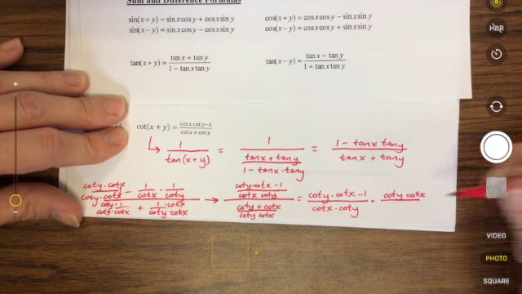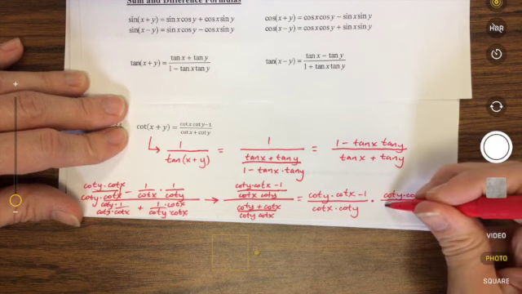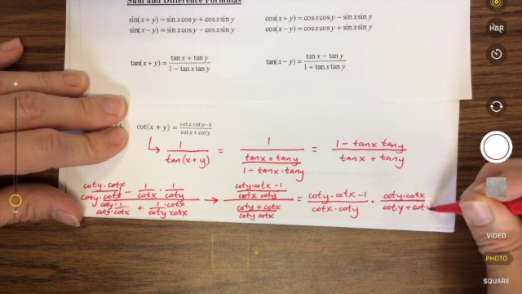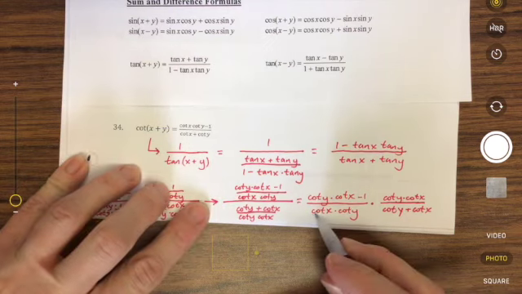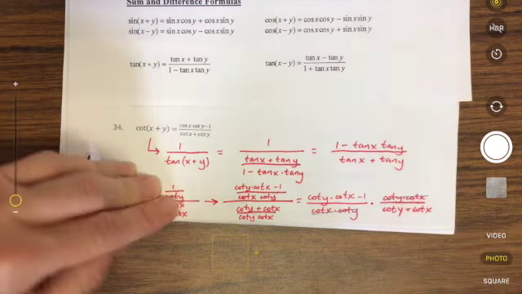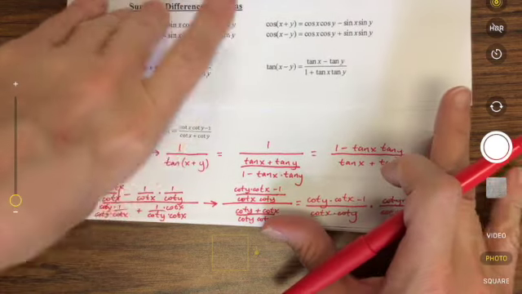So cotangent y times cotangent x over cotangent y plus cotangent x. Finally, we get this cotangent x times cotangent y to cancel out this. And I'm kind of out of room, so here we'll do this.